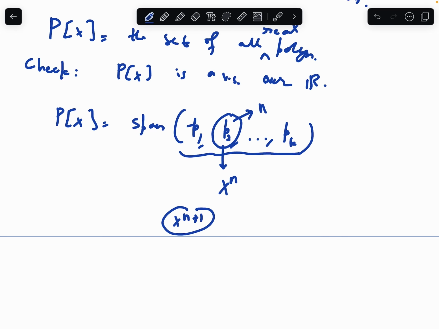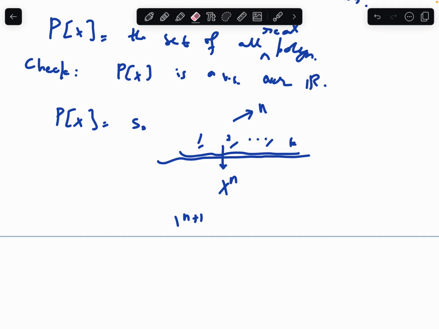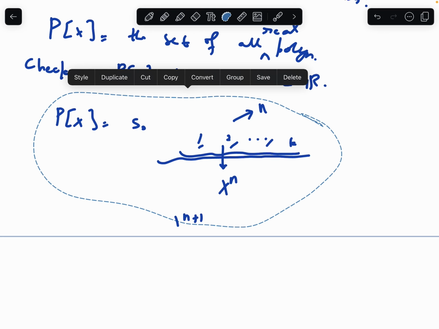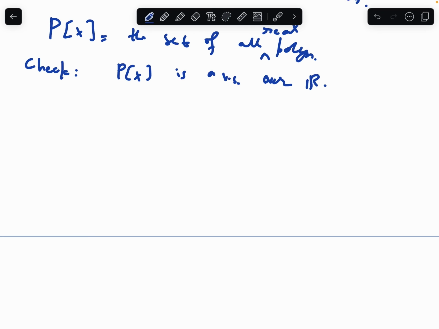But we know that x to the power n plus 1 is a polynomial which is inside P(x). So it is not inside this span, but it is inside this polynomial space, right? Therefore, it can't be finite dimensional. So it is infinite dimensional.